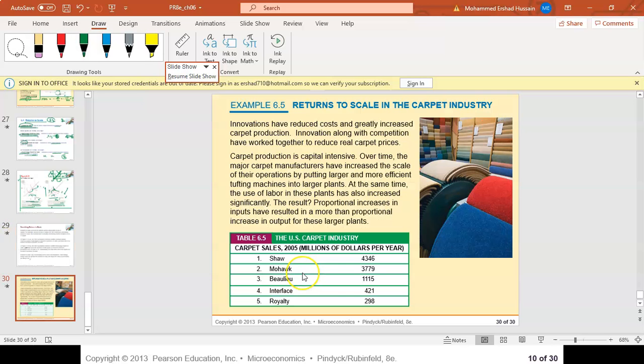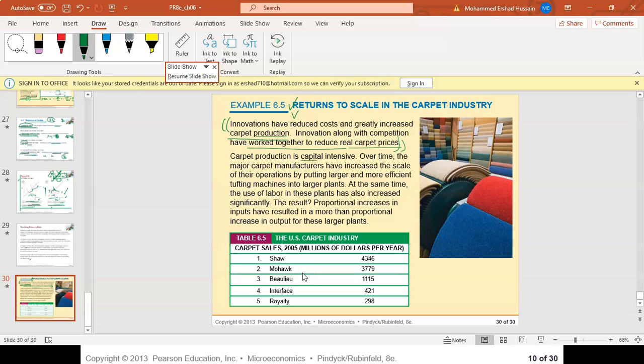We have already discussed this. Now the carpet industry, you can see that. This is a recent example. Innovations have reduced cost and greatly increased carpet production. Innovation along with competition have worked together to reduce the real price of carpet.